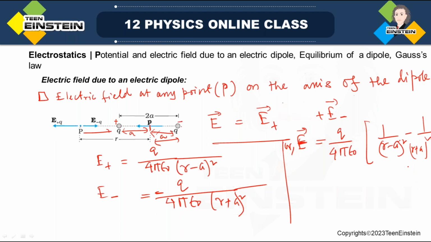So we have to find out the electric field by getting the vector sum of the electric field due to the positive charge and the negative charge.